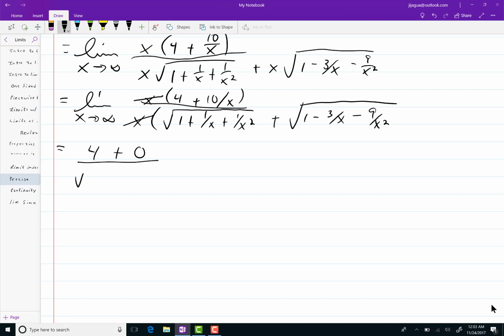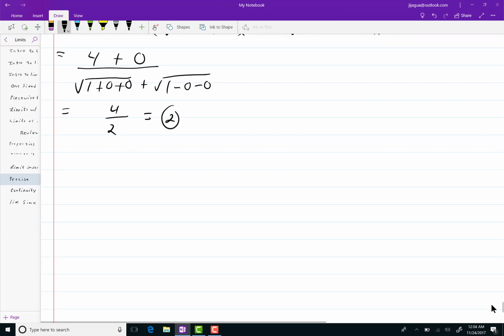In the square root, you'll have 1 plus 0 plus 0 plus the square root of 1 minus 0 minus 0. That gives me 4 over 2, which equals 2.